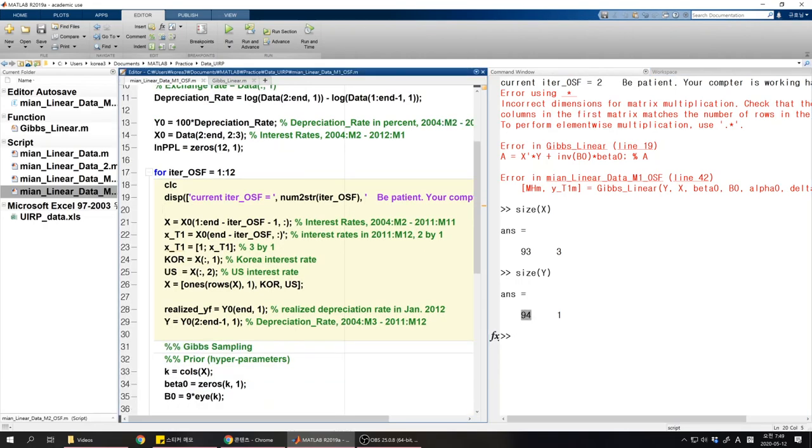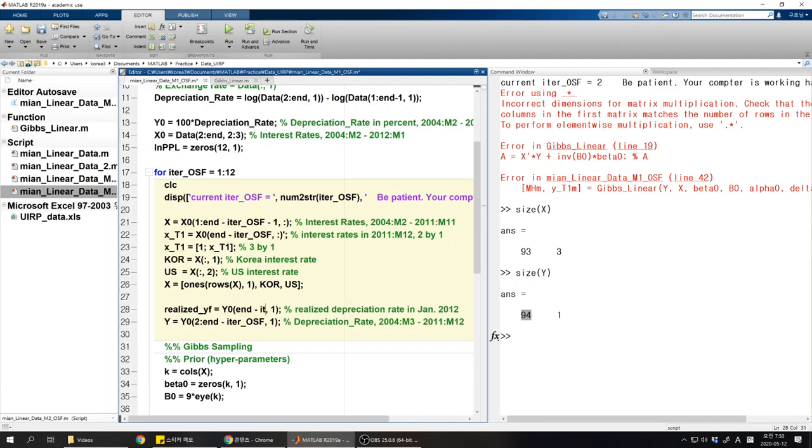Here x is from here, and sorry, it's not minus y itr underbar osf, right? What about this?